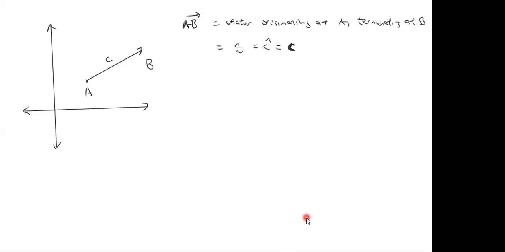And that's just a short way so that we won't have to write out AB all the time. And that's basically your vector notation. But also note that if you've got AB, the length of AB from A to B must be the length of, well, starting at B and going to A. But the direction is obviously different.